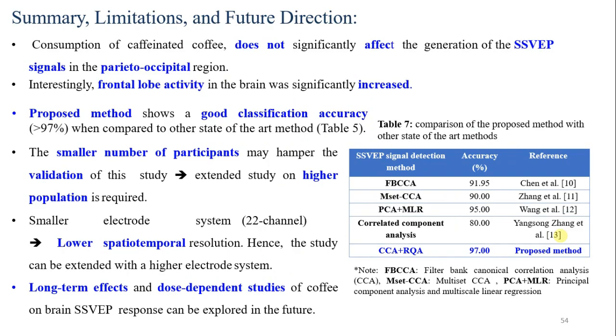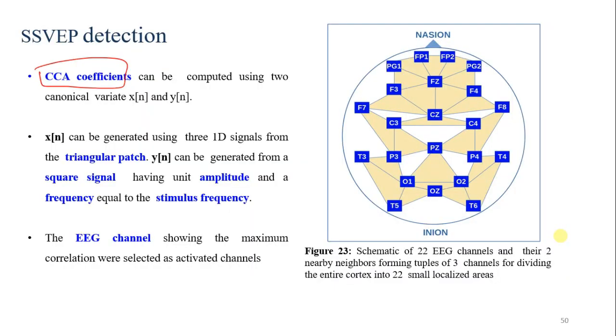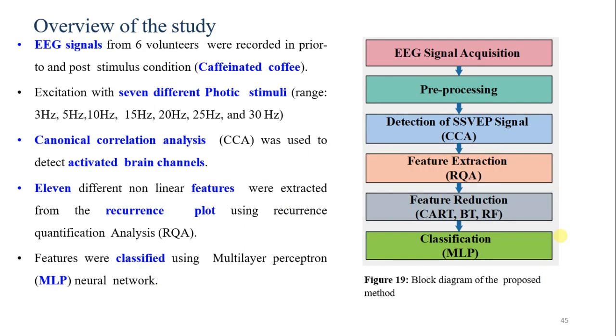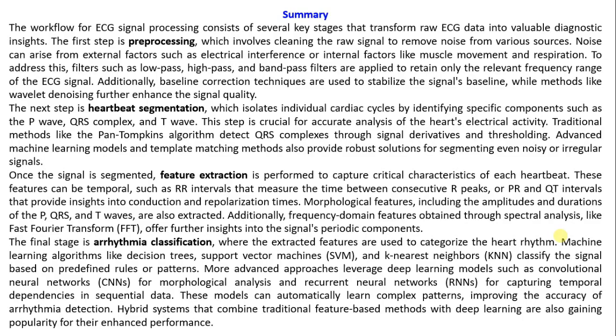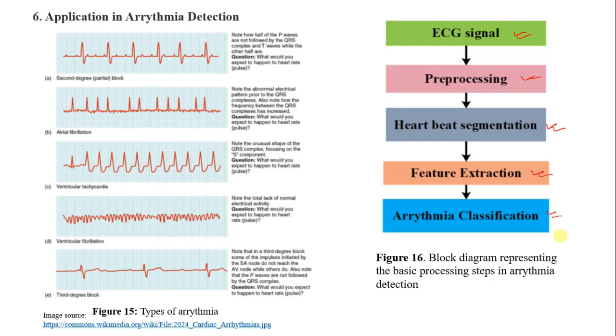This CCA, canonical correlation analysis. This ECG classification was done by one of my PhD students. This was basically done by 2 students, first initiated by one of the BTech students, and then one of my PhD students continued with that.